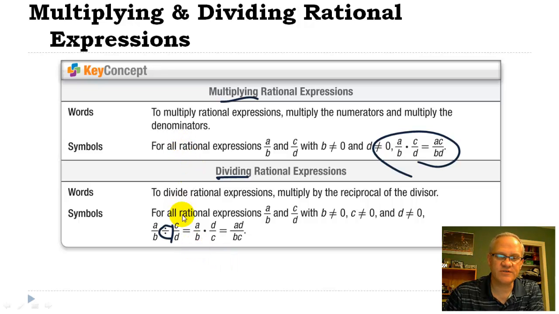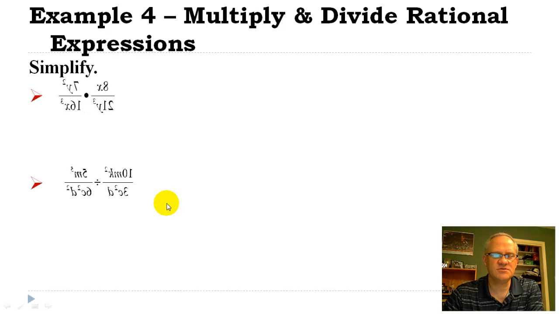So instead of c over d, you make it d over c, and then you can just multiply across like we did up here. So b times c and a times d. So that's the two things to remember when you're multiplying and dividing. Alright, so let's look at a few examples.